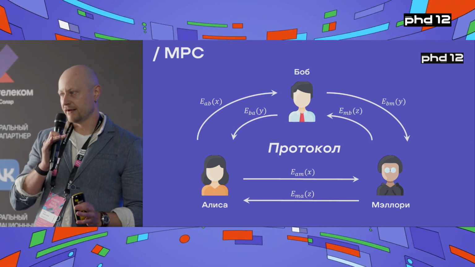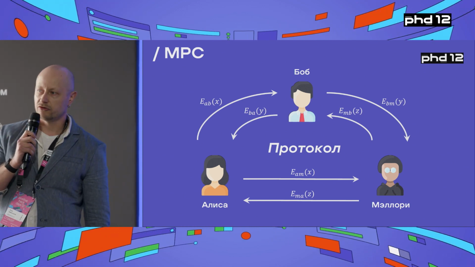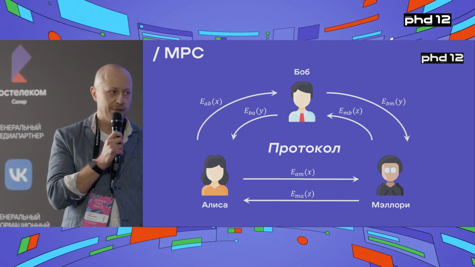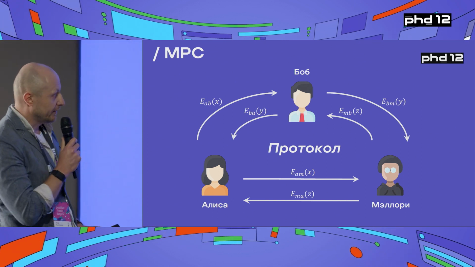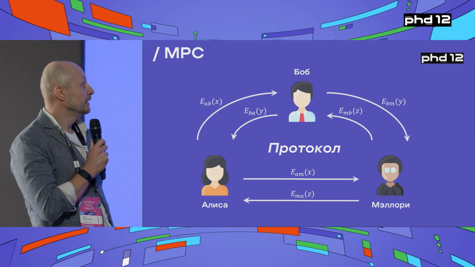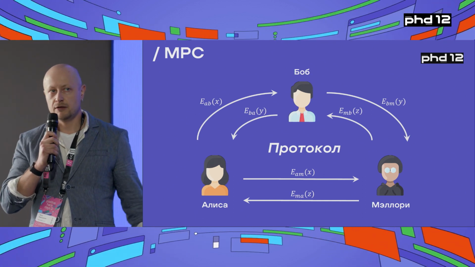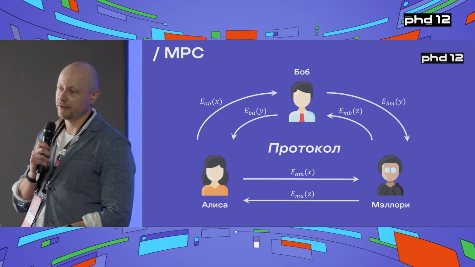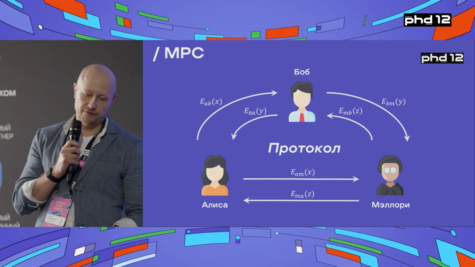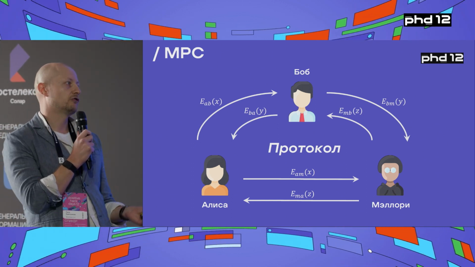But they will be exchanging not their numbers, but some special texts that are indistinguishable from random numbers from the general distribution. So the family of those protocols is called multi-party computation.